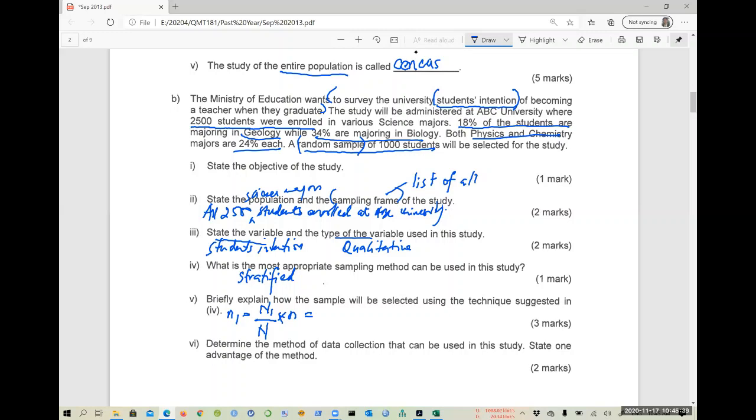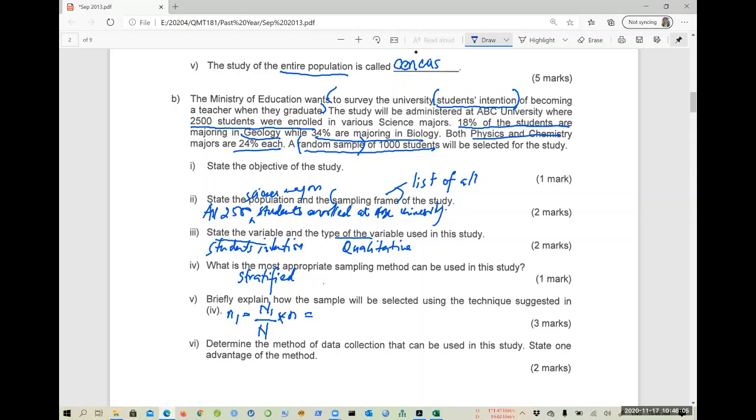So N1 will be the number of elements in each of the subpopulations, right? So in this case, if you take 18% out of 2,500, you get 450, right?